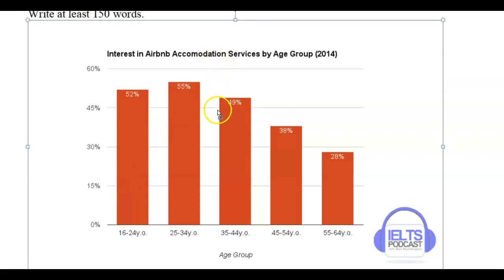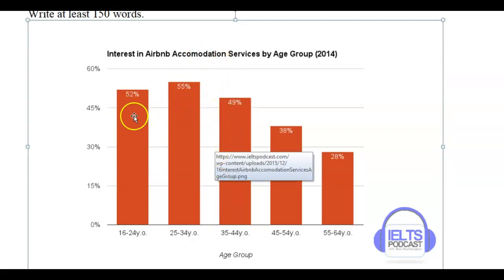Honestly, I feel like the most logical place is right here. So talk about these two separately and then talk about these three together. Okay? So how would you do that? You could say that people aged between 16 and 34 accounted for the greatest percentage or proportion of those interested in Airbnb services.